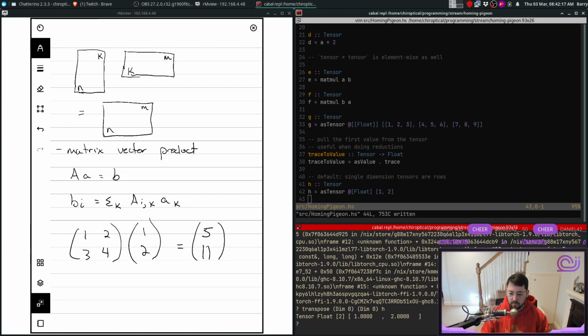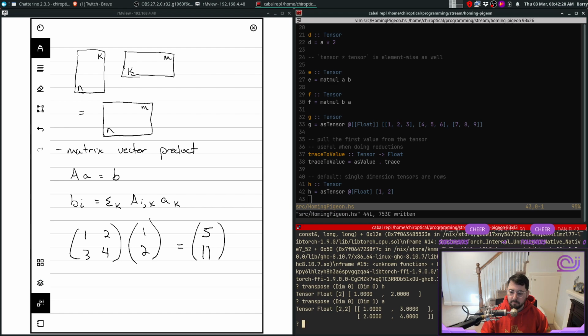Okay. That looks right. So I don't really think that you can transpose a vector. I guess it must just orient the vector in the direction that it wants to. And so doing the transpose like this will not get you to the thing that I was expecting.